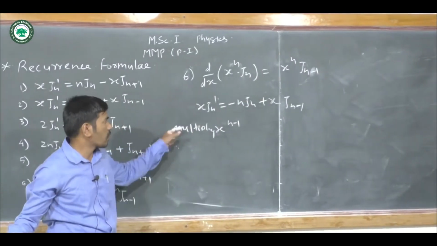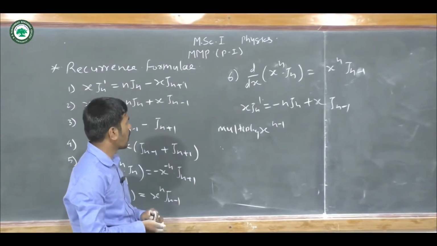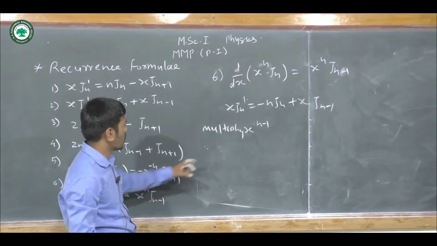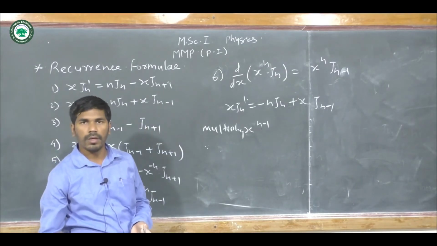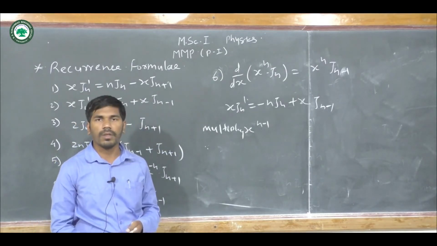I am not going to prove this, it is very easy, just multiply by x power n minus 1. So okay, let's stop here. We will discuss in the next lectures.